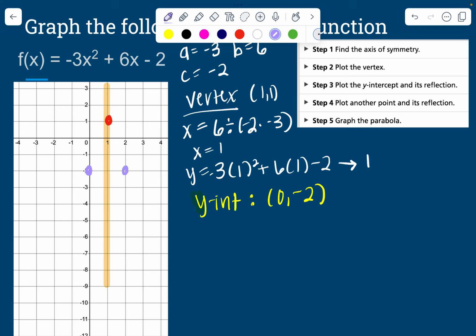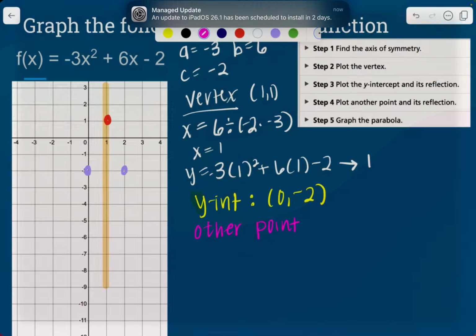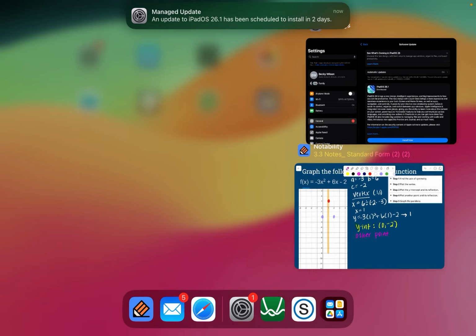As I can see, it's starting to open upside down here. Let's do one more point. I know that my line is at 1, but I already have a point at 0 and I already have a point at 2, so I'm going to go one more away from my line and put in 3.